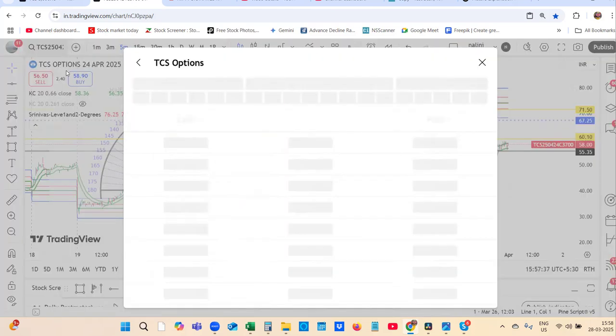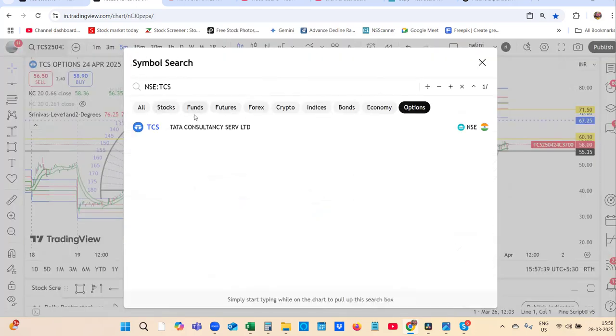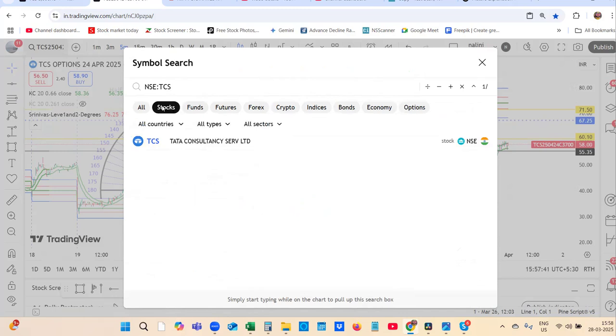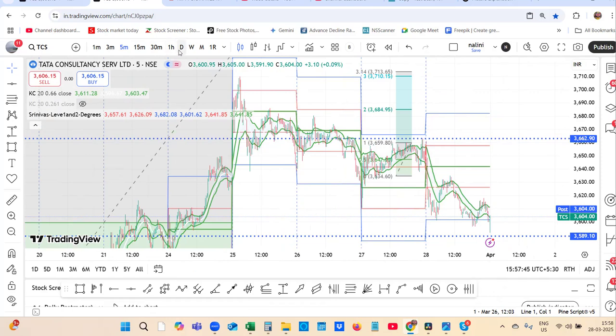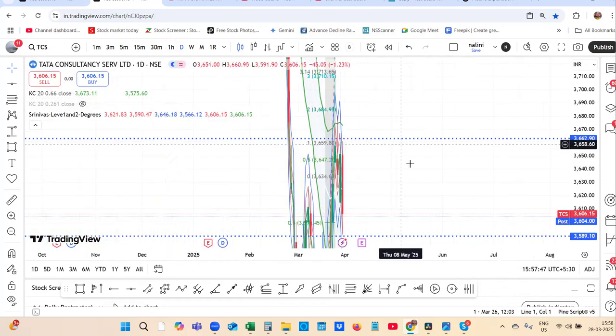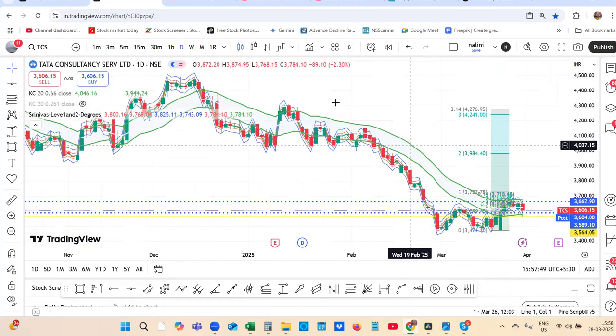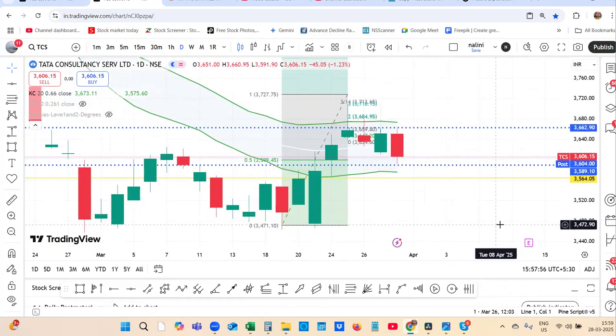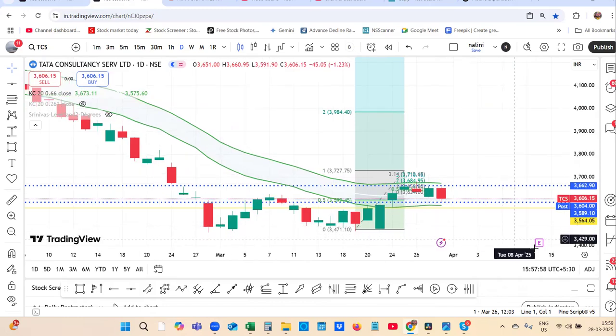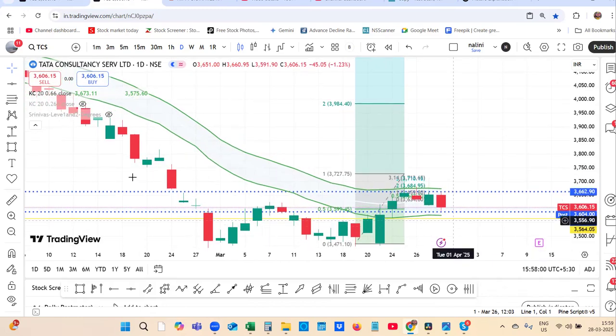Let me go to the stock, TCS, and see what it is doing. You can keep it in your watch list because after the up move, you can see, let me hide this indicator. You can apply the Keltner channel. Why is the median not coming?